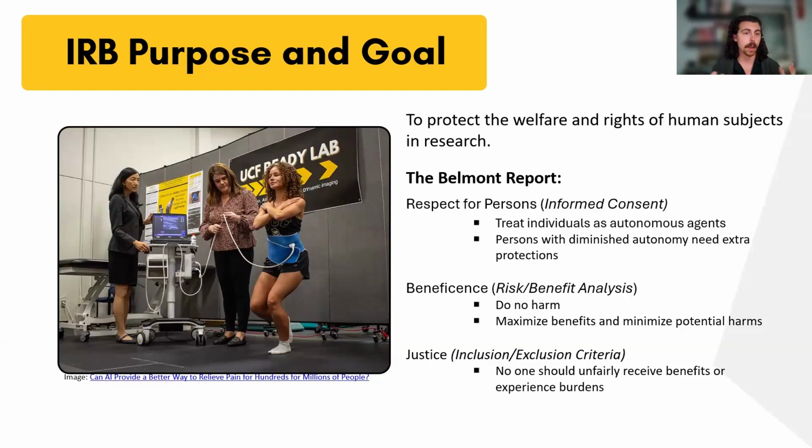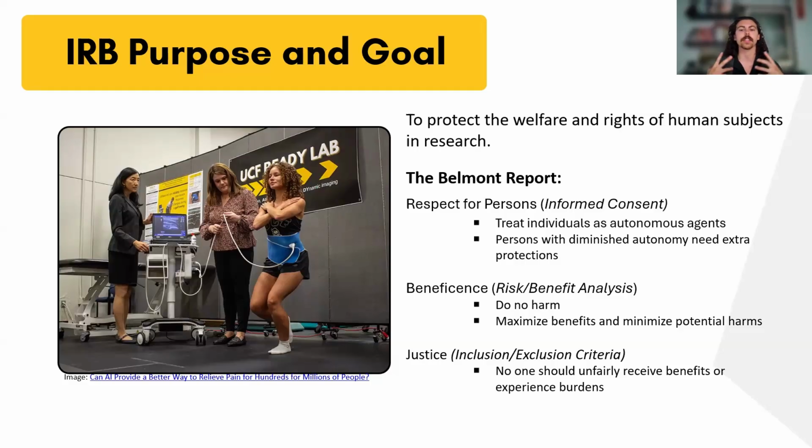So something you might hear about when you think about research ethics is the Belmont Report. Now, this is one of the many different major reports or guidelines that have come out about human subjects research. But there's three main tenets to this. One is respect for persons, so treating those participants as individuals and autonomous agents, and also making sure people with diminished autonomy have extra protections. Second, we have beneficence.